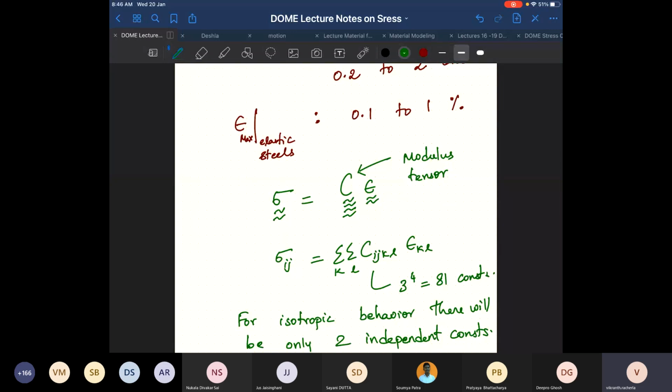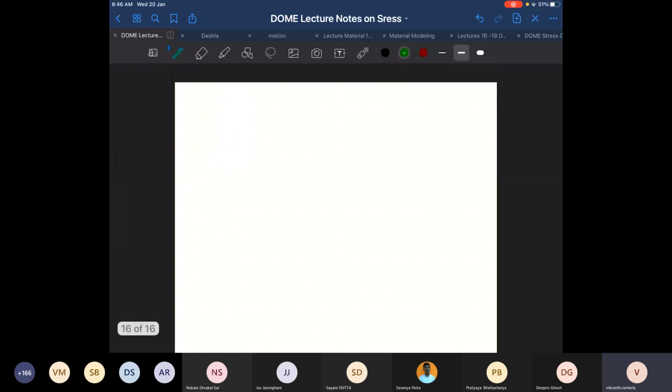There are many different ways to choose these two, but what are the two elastic constants that we normally work with? One is the Young's modulus, and the second one is the Poisson's ratio. In terms of these, what is the relationship?